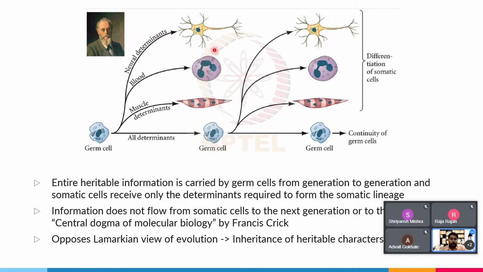They won't receive the entire information, but the entire information is carried by the germ cell to the next generation. This flow of information is from the germ cell to the somatic cells and not the other way around. Thus, information does not flow from the somatic cells to the next generation or to the germ cells.